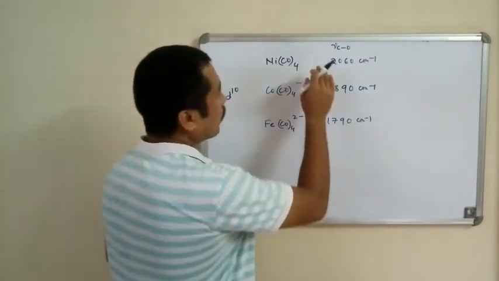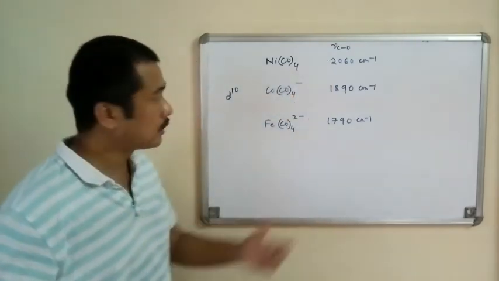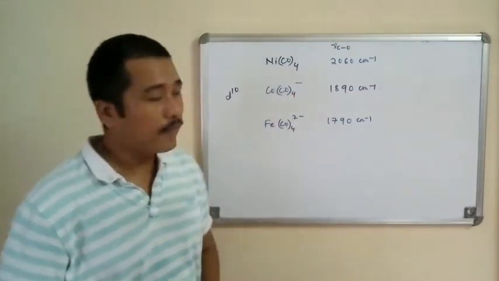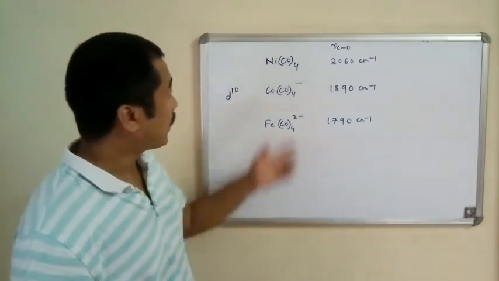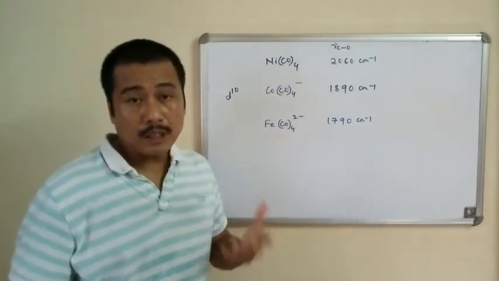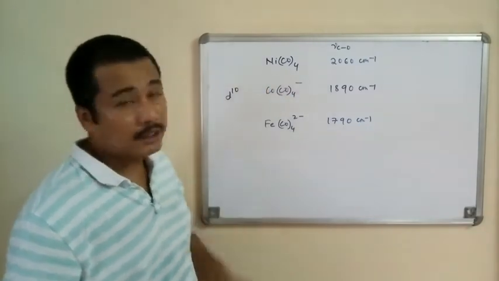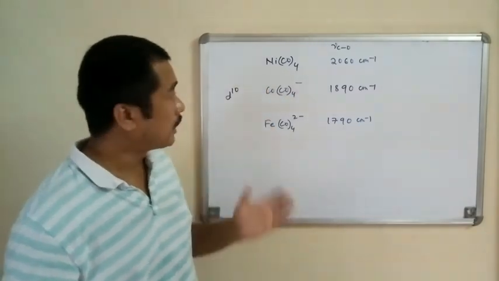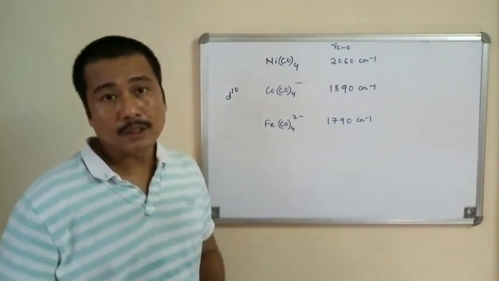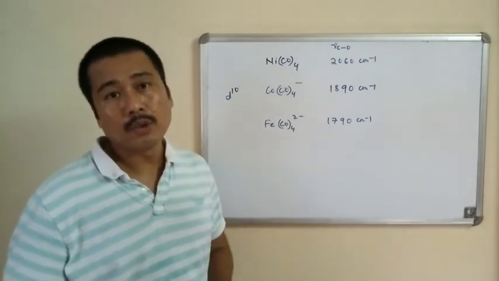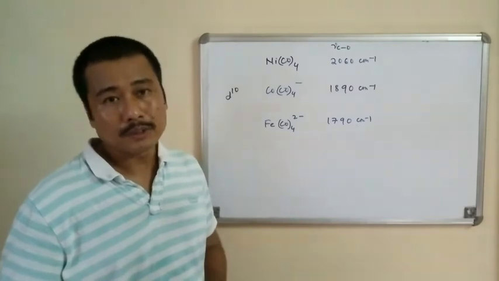While in the neutral complex, the CO stretching vibration appears at comparatively higher wave number because the metal is no longer negatively charged, and the extent of pi back bonding is lower, so the decrease in the CO bond order is also substantially lower.